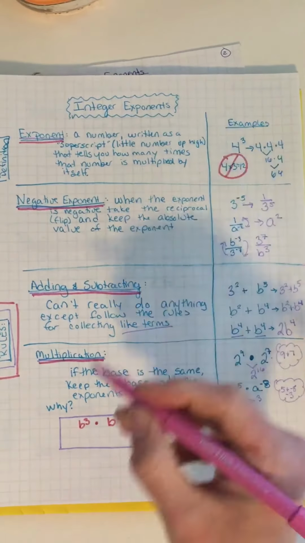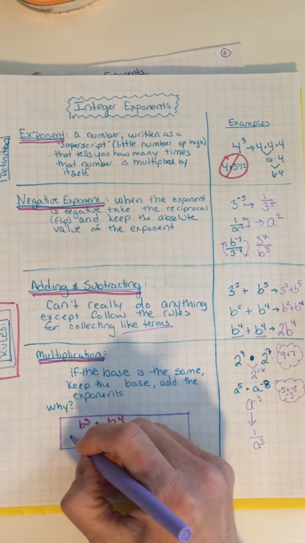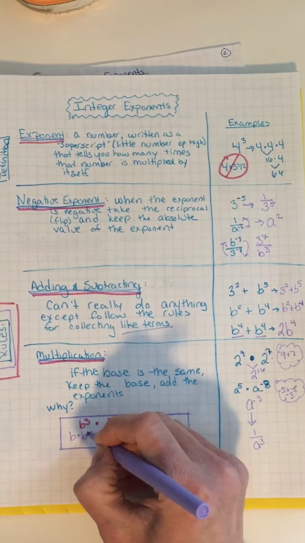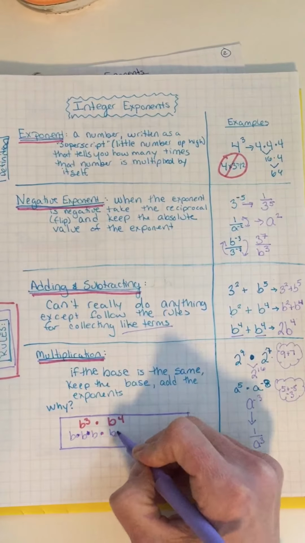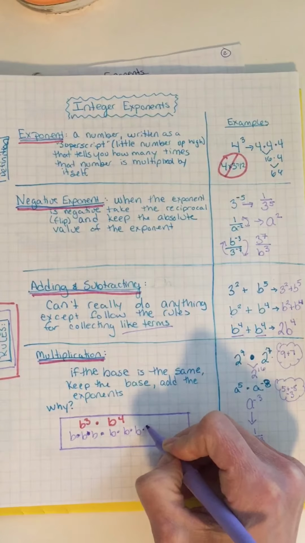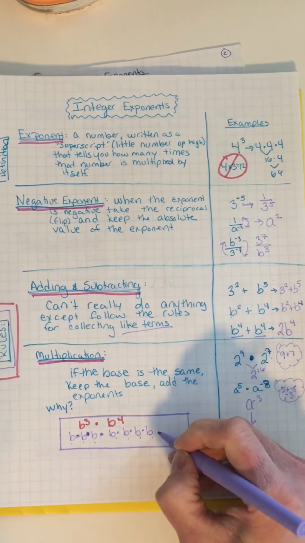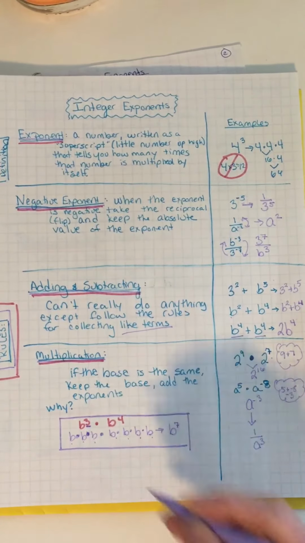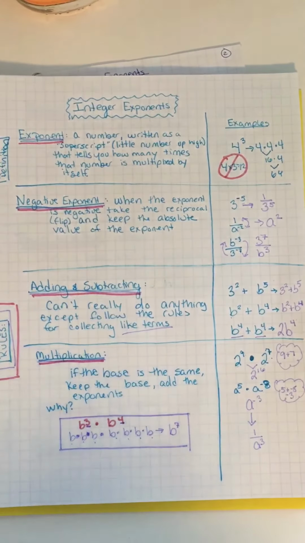When we talked about what an exponent means, we said that b to the 3rd means b times b times b, and b to the 4th means b times b times b times b. So I have a total of 1, 2, 3, 4, 5, 6, 7 b's, so that becomes b to the 7th power. I added how many b's I had there and how many b's I had there, and I got 7. That's why this rule works.